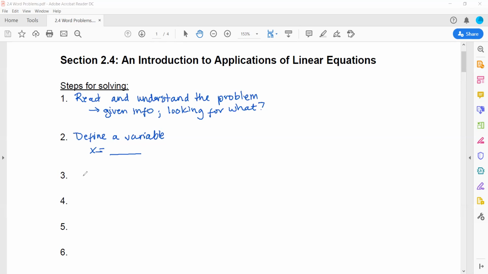Once you have that, we can go ahead and write an equation. And since these are all one variable linear equations, you should only have one equation. We'll get to two equations a little bit later in a later chapter. Once you have the equation written, we can go ahead and solve it.